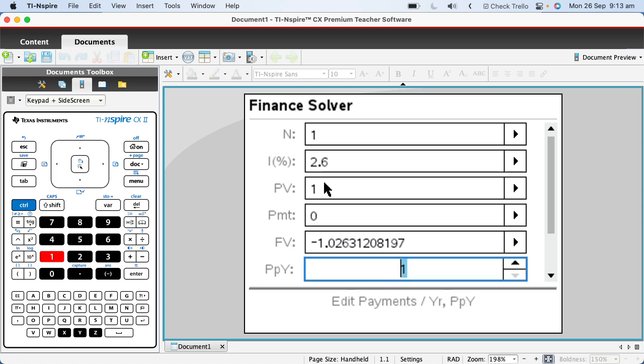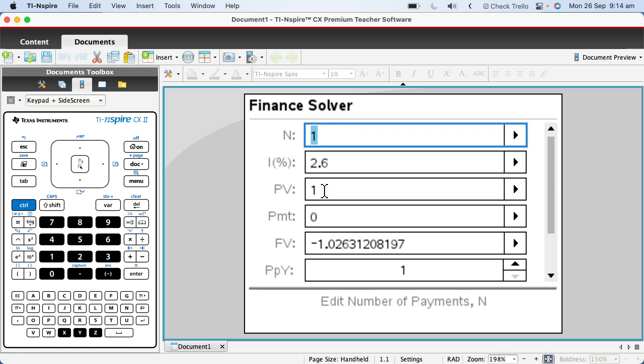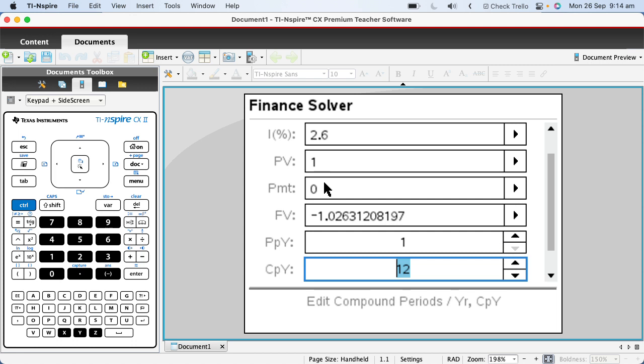So here is how often you get paid the interest, I suppose, and this is how many compounding periods you would have. If you've got N in years, then PPY would be 1, and CPY is how many times it gets compounded over that period of time. So if it was monthly, it'd be 12. If it was fortnightly, it'd be 26, etc.